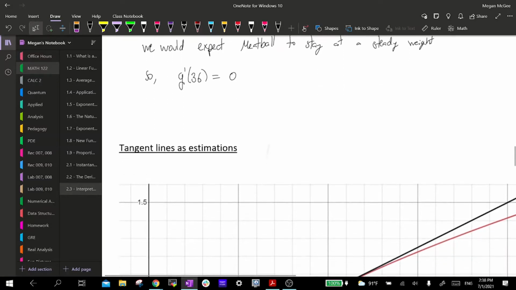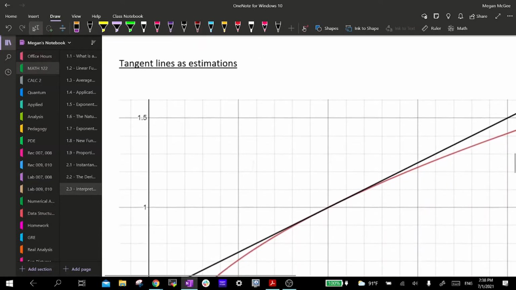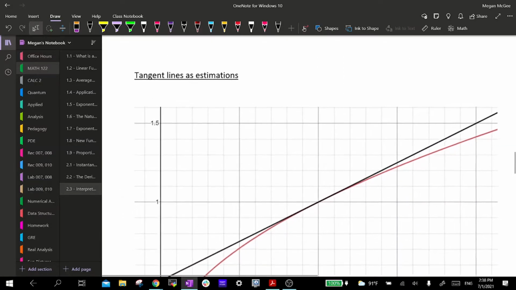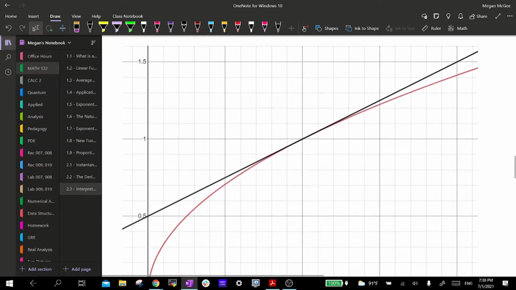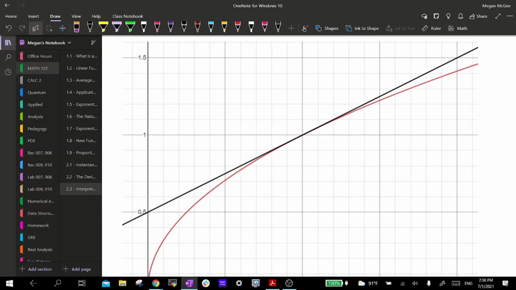Alright, so now we're going to look at a new concept, using tangent lines as estimations. And maybe you haven't seen the word tangent line spelled out yet, but this is what we've been doing. Every time we take a point on our graph and draw a line through that point.